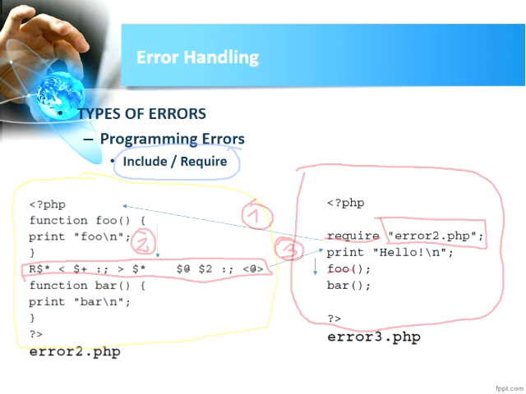So if we continue, we find the first call is foo, so we will execute foo. After that, another call to bar function, but we cannot find bar function. Why? Because the execution of error2.php is stopped by this error. So this error stops the execution of error2.php.